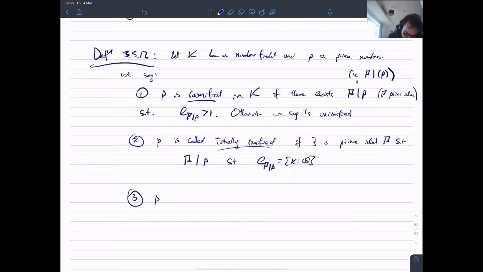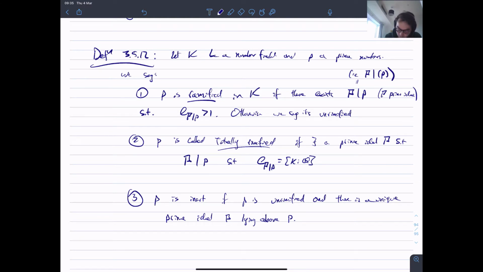Third, we say the prime p is inert if p is unramified, and there exists a unique prime above p, which divides it. So, there is a unique prime ideal P lying above p.